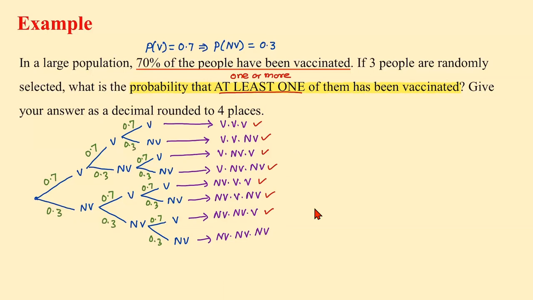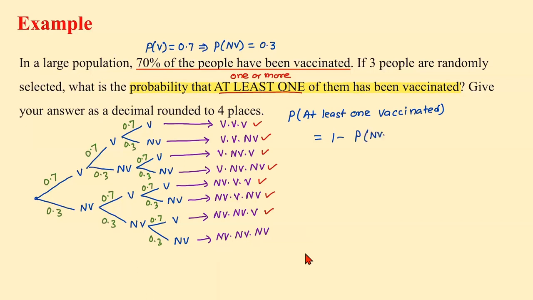So we can write it like this: the probability that at least one is vaccinated is equal to 1 minus the probability that all of them are not vaccinated.